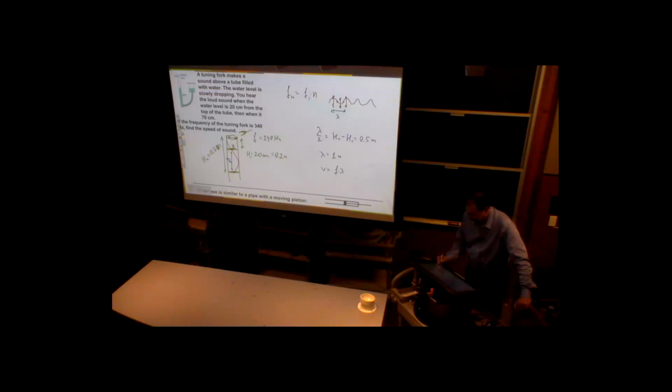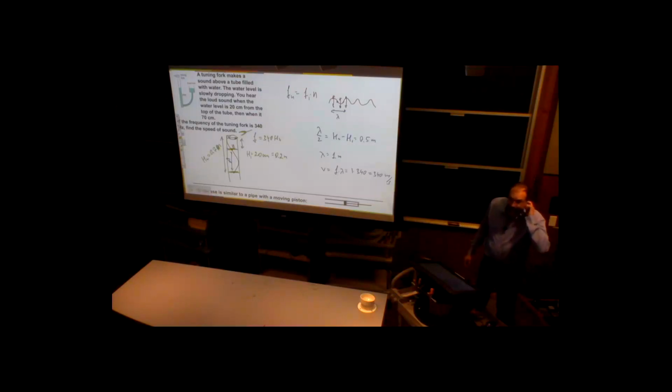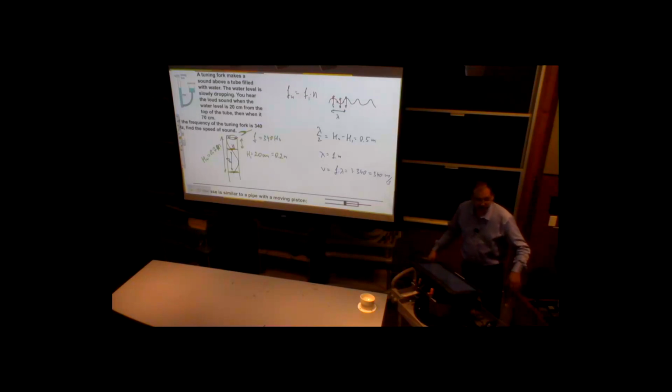And that gives us 1 times 340, meters per second. On average, speed of sound under regular conditions is close to 330, but it also depends on temperature and pressure. 340, 320, even 300 for convenience can be used. Any questions?